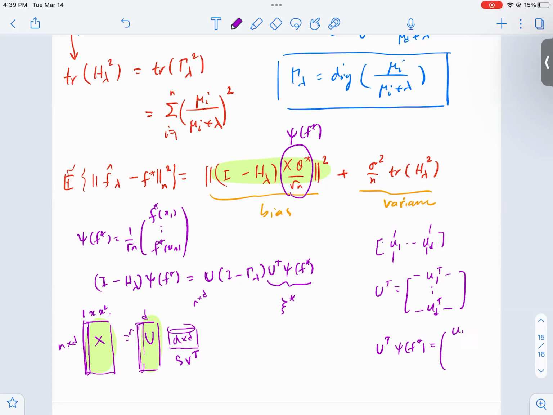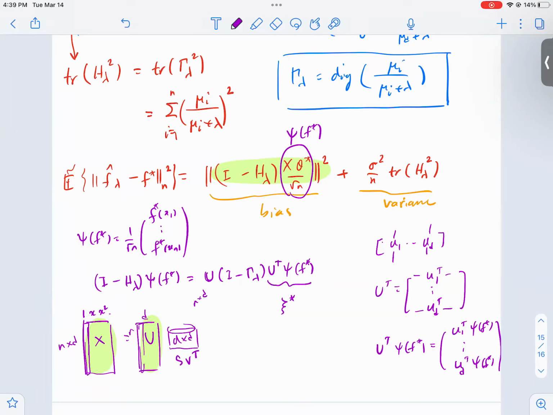So this is really U1 transpose psi of F star up to UD transpose psi of F star. So I'm projecting, or taking the inner product of the true function with these basis elements. And so this tells me how much component I put on each of the basis elements.